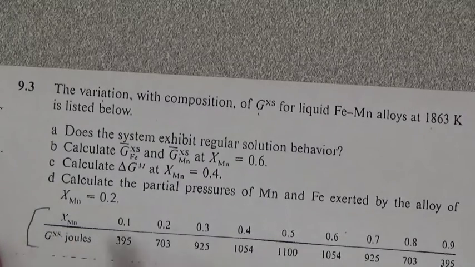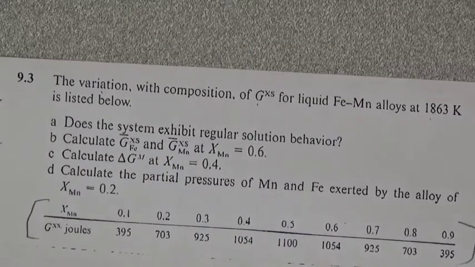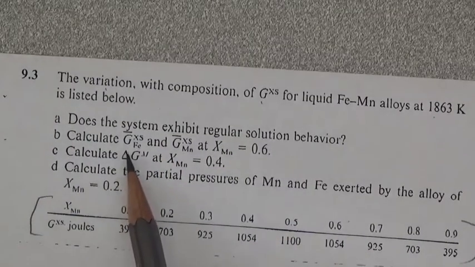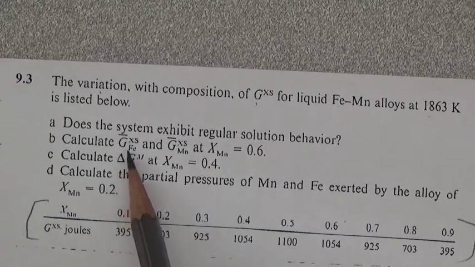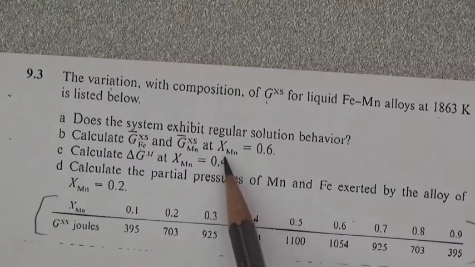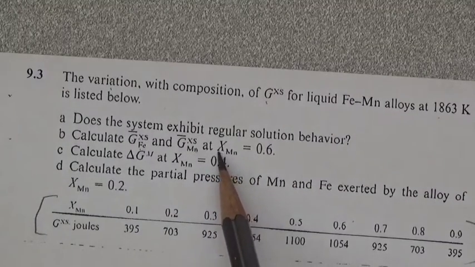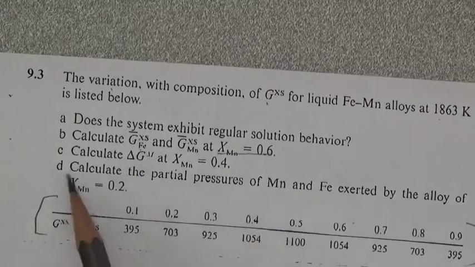So that's our data. Does the system exhibit regular solution behavior? Calculate the partial molar excess free energy for iron and manganese, given that the mole fraction of manganese is 0.6.